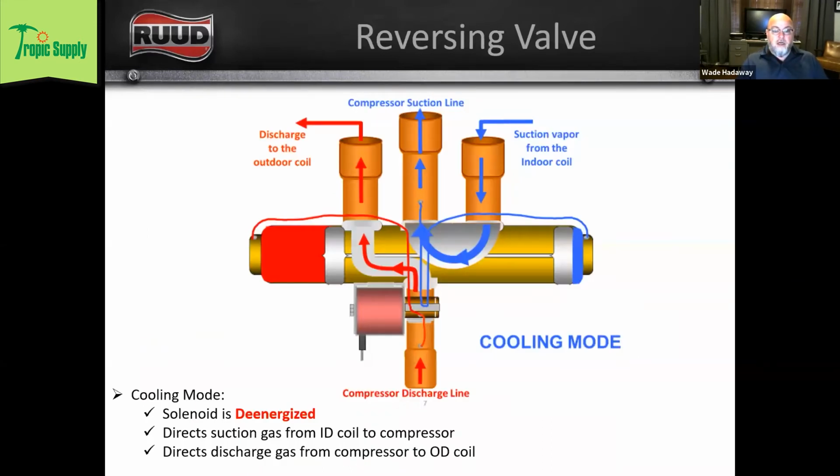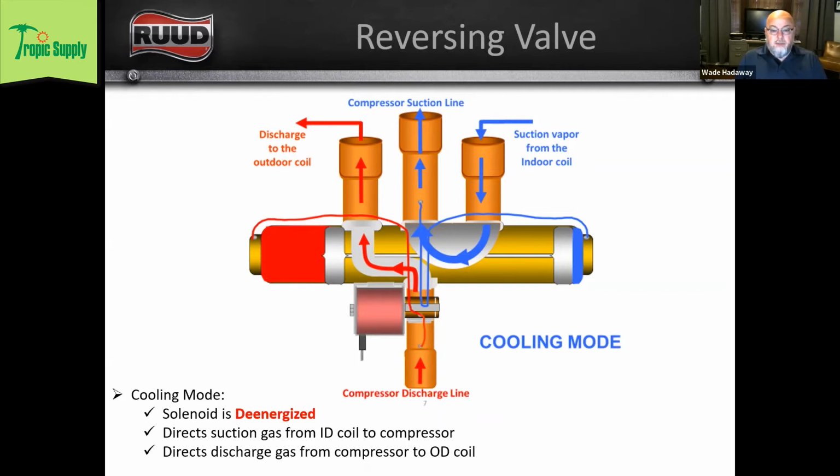All right, so here's sort of an artist's representation of a cutaway of the valve. So this is de-energized, right? It's in cooling mode. And you can see on the upper right, we've got the suction gas coming from our indoor coil.